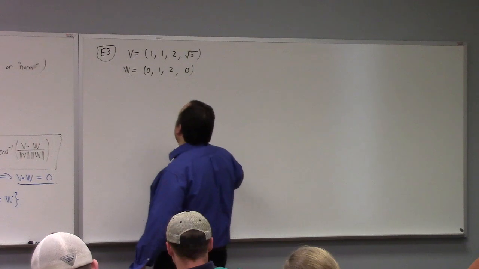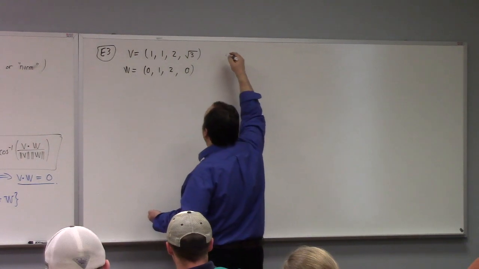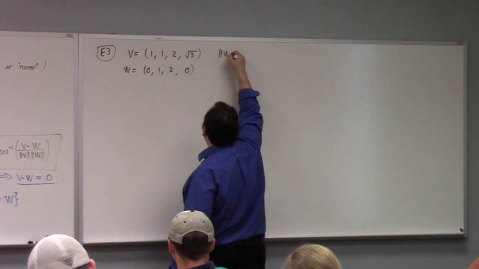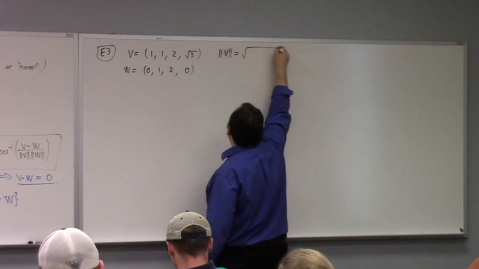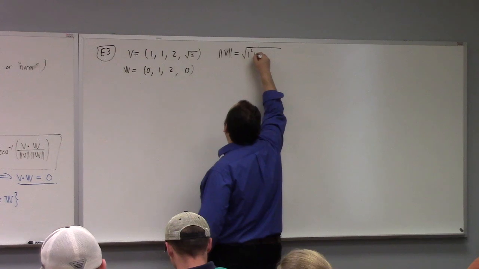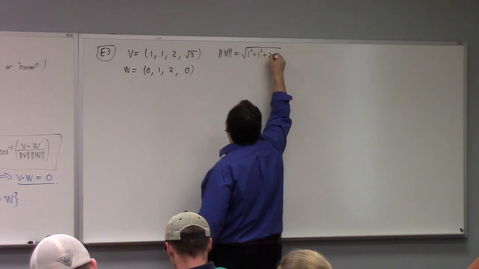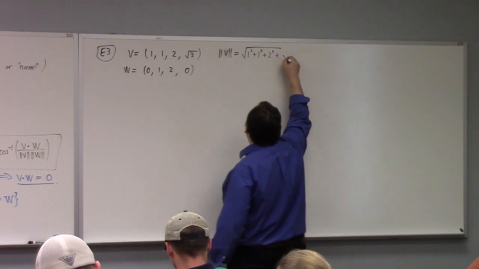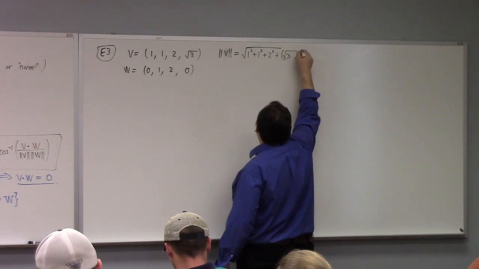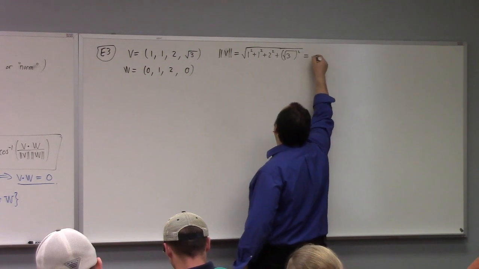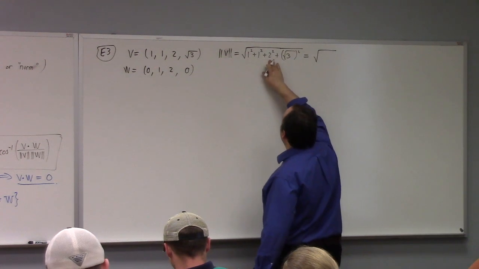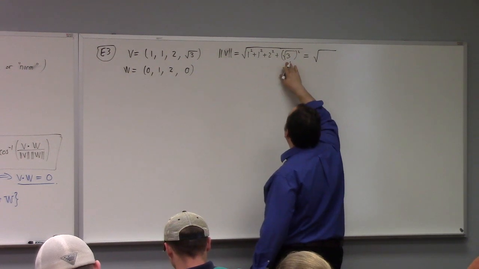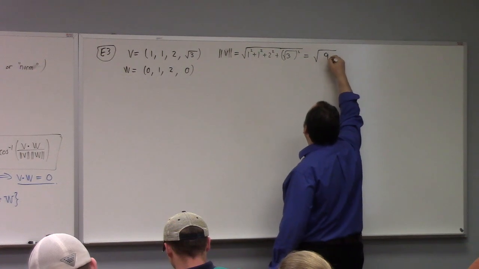All right, fine. If that's the case, let's calculate the magnitude of V. What is it? Square root. 1 squared plus 1 squared plus 2 squared plus the square root of 3 squared. What's that? Six plus 3, 9.